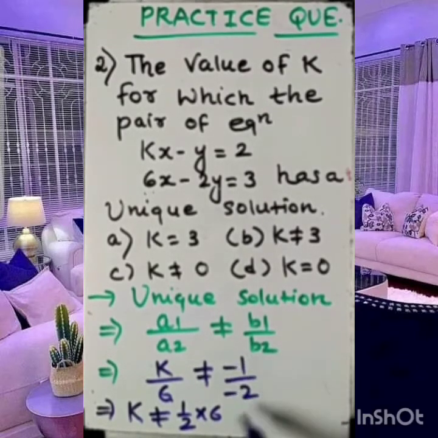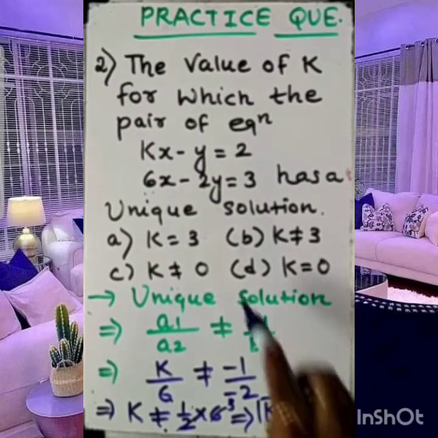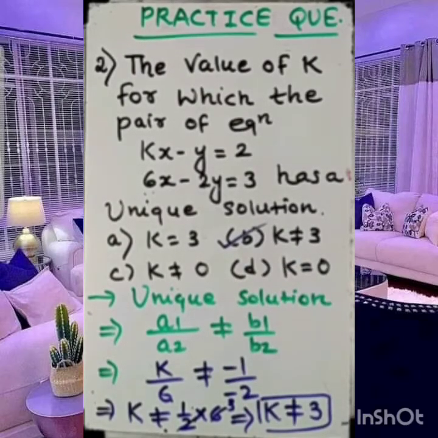Minus minus plus, 1 half, not equal to, and by cross multiplication the simplification is 3. So k is not equal to 3. So my dear student, option B is the correct solution, which is quite easy.